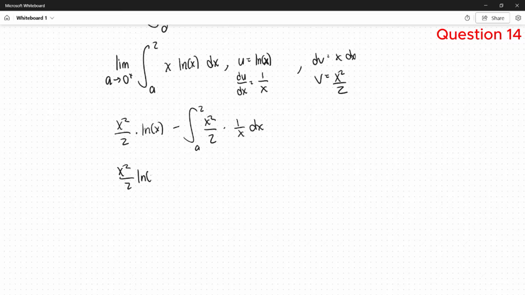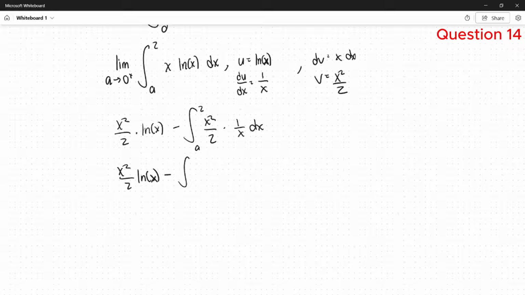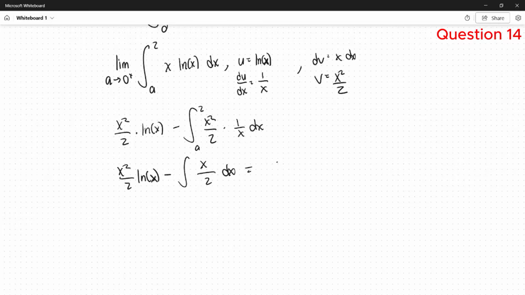The x's cancel out, dx, this becomes x squared over 2 ln x minus x squared over 4. And then that's from a to 2, and this is all under the limit as a approaches 0 from the right side.